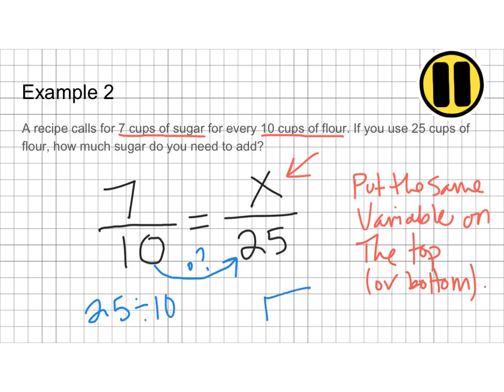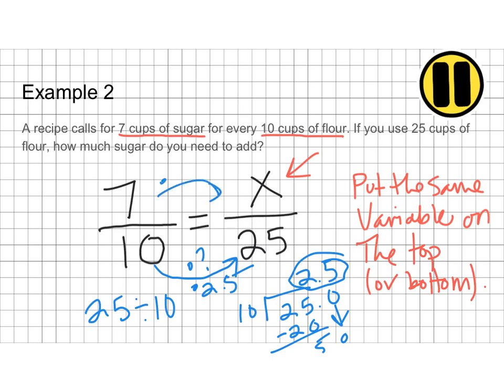We could even do some long division if we couldn't do that right away. 10 doesn't go into 2, but it does go into 25 twice, leaving me with 5. We know how to do this now with decimals. 10 goes into 50 5 times. My decimal stays up top. 2.5 times. That's not my answer. That's just how many times bigger I need to make it.